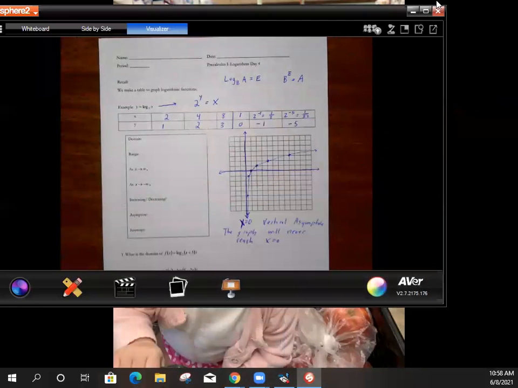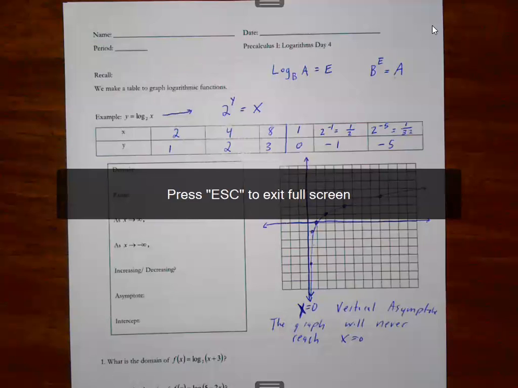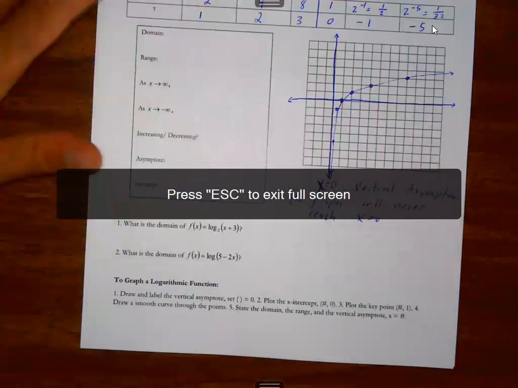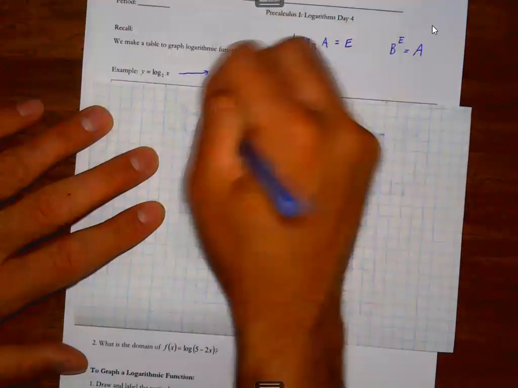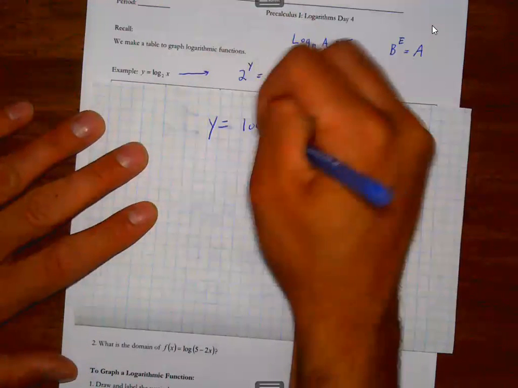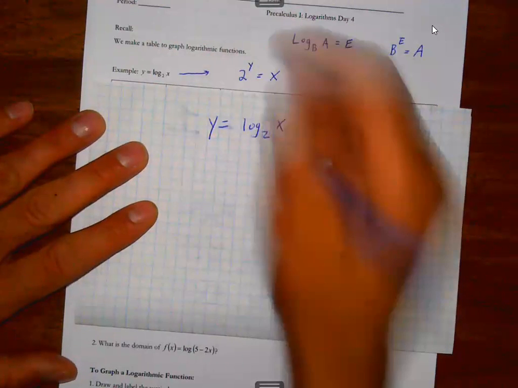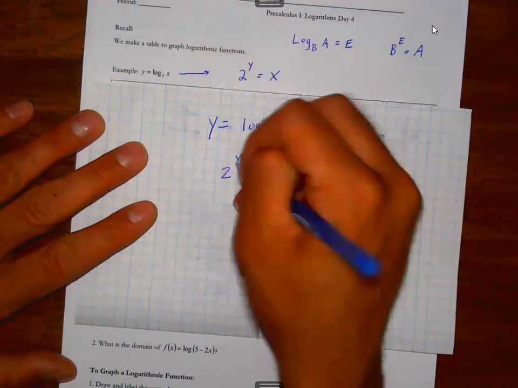Because, well, think about it. Take this here, right? So y equals the log of x base 2. That's equivalent to 2 to the y power equals x.